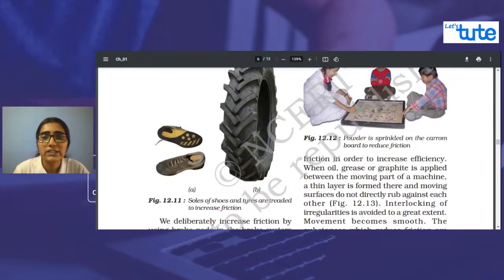So when an object starts moving, for example, if you're playing carom and you hit the striker, the striker, which was initially at rest, starts moving. So when the striker starts moving, static friction is acting upon it. Then another is sliding friction.